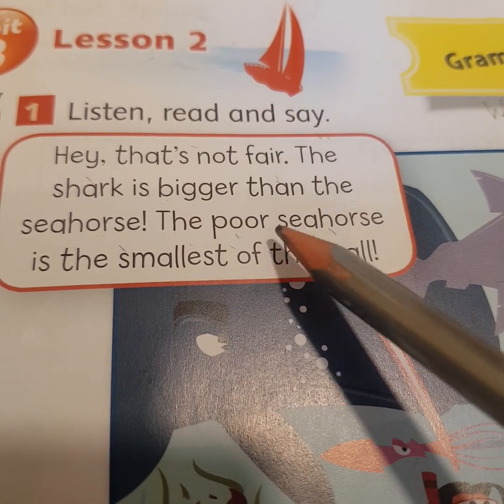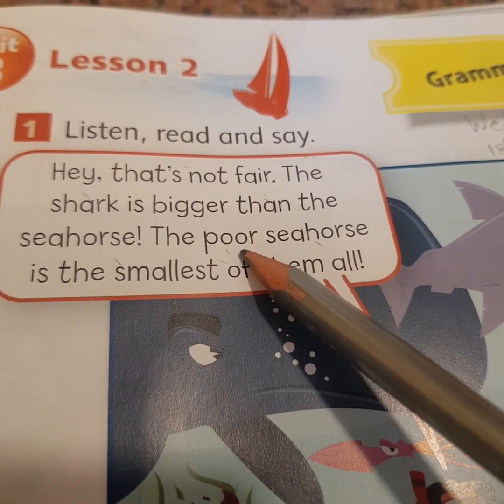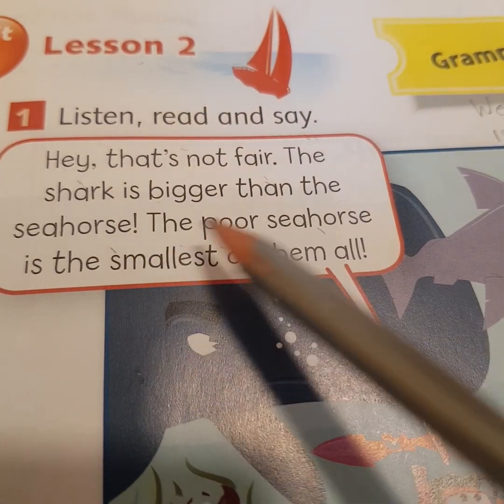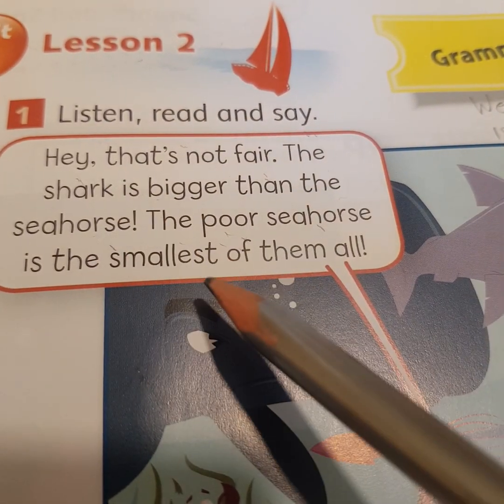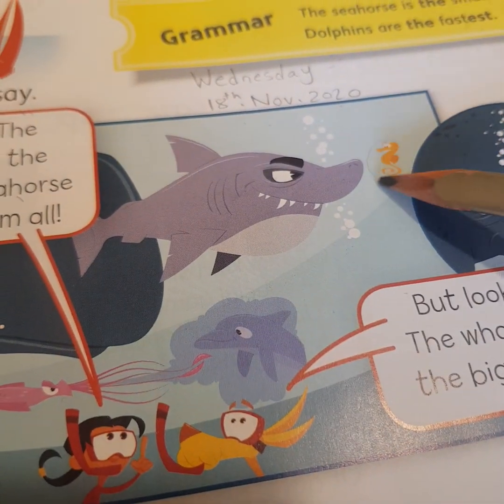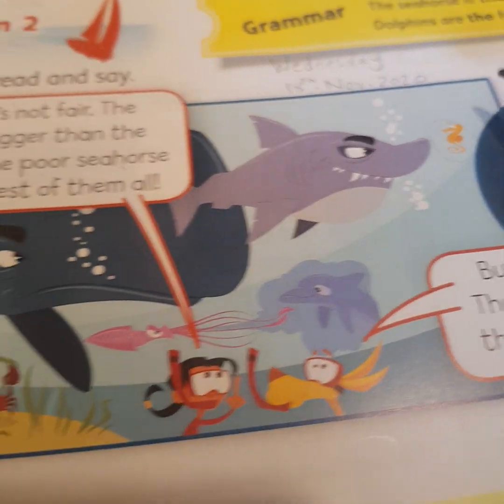Okay, so we have the poor seahorse. Here, poor doesn't mean فقير, here it means مسكين. Okay, مسكين. So the poor seahorse is the smallest of them all. So the seahorse is the smallest.